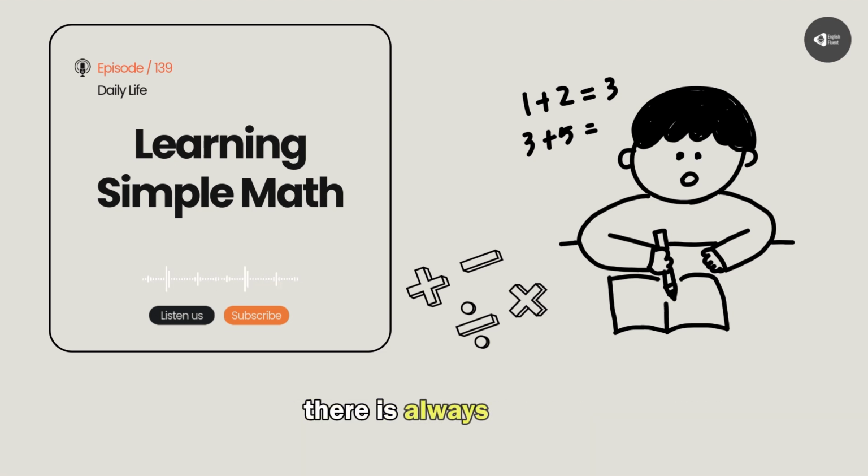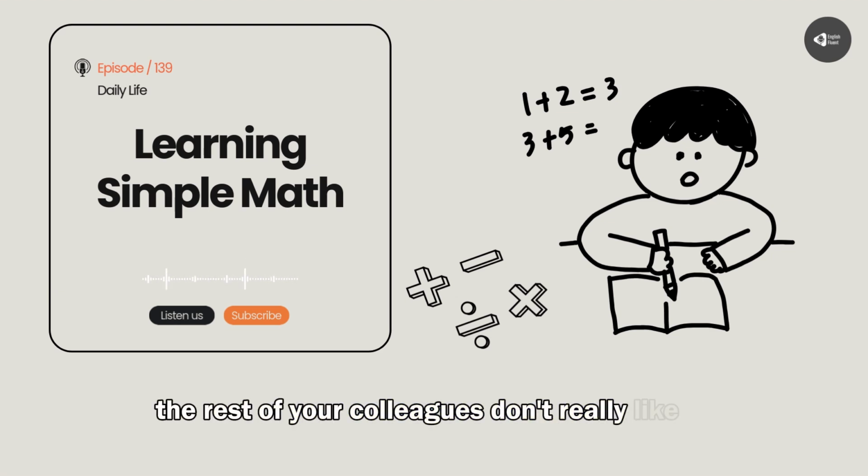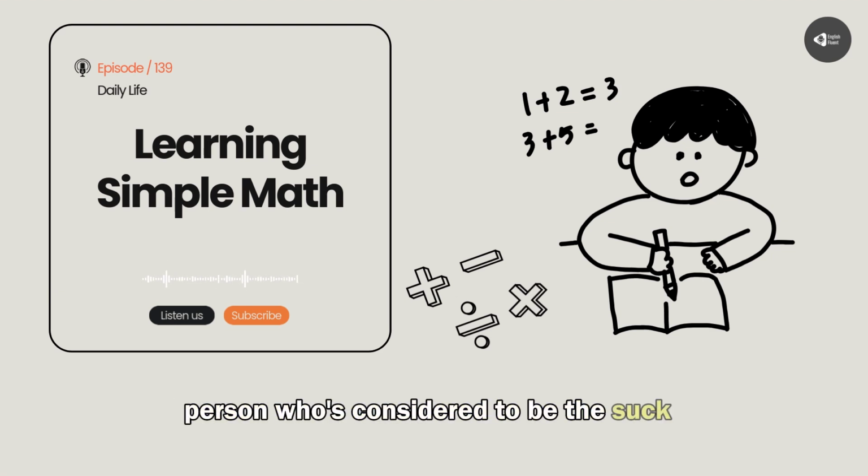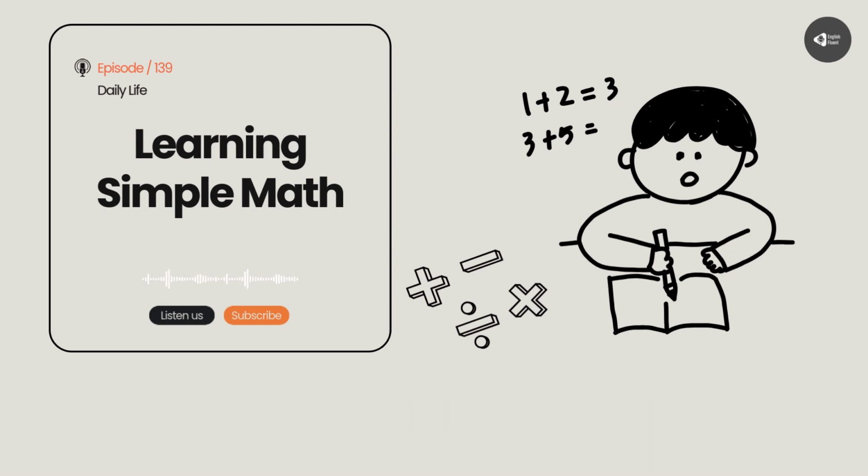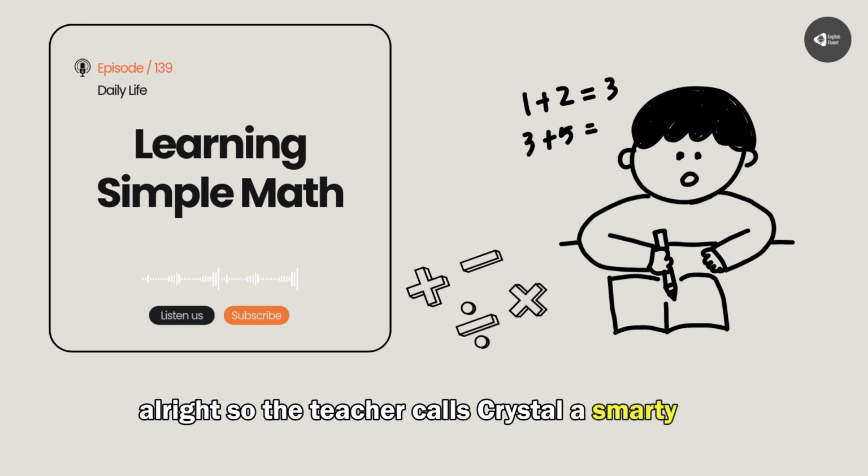There is always one person who's the suck up, right? Yes. Again, this has a negative meaning in English. I guess in the workplace, the rest of your colleagues don't really like that person who's considered to be the suck up, who's always trying to please the boss.